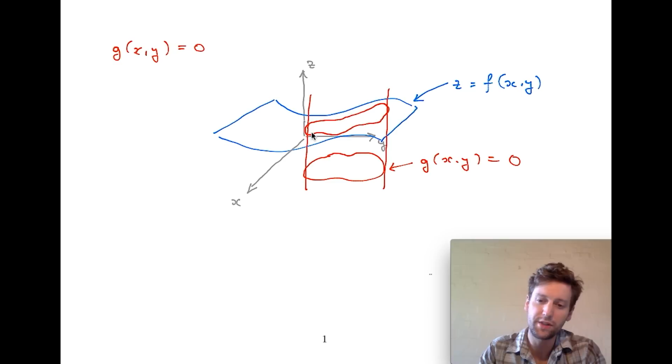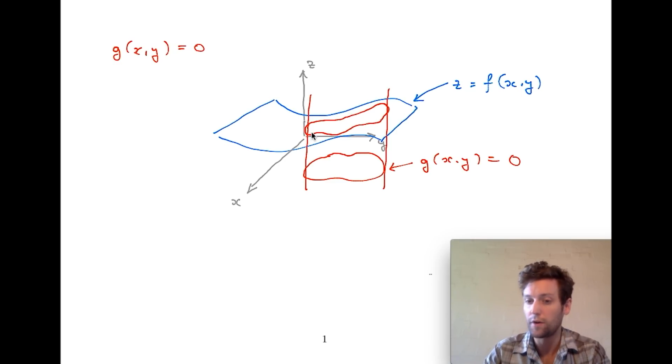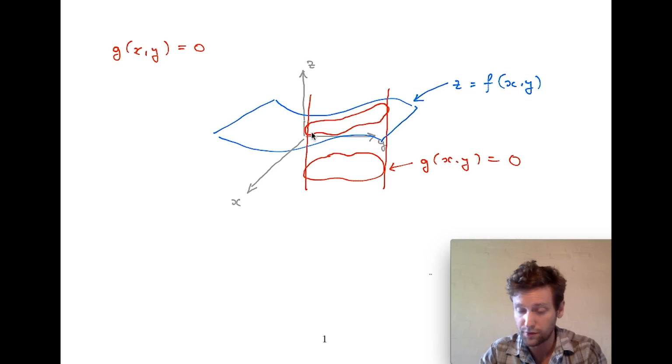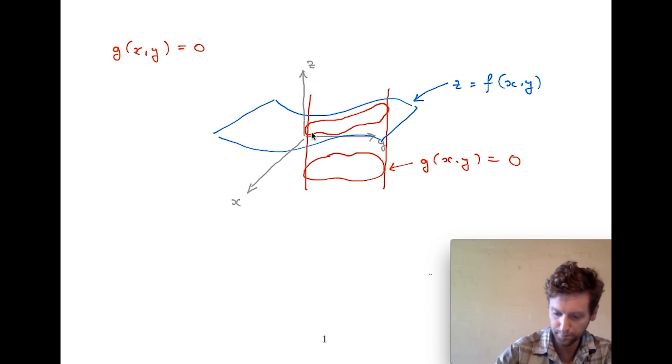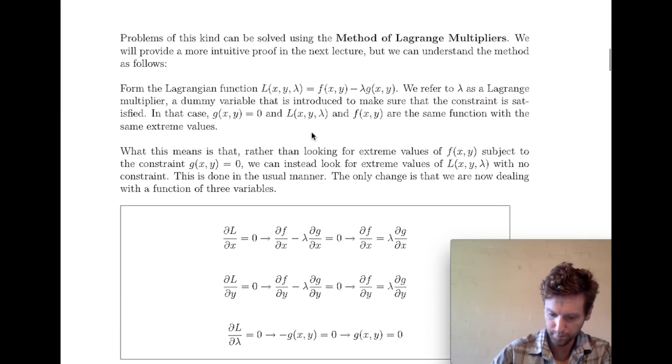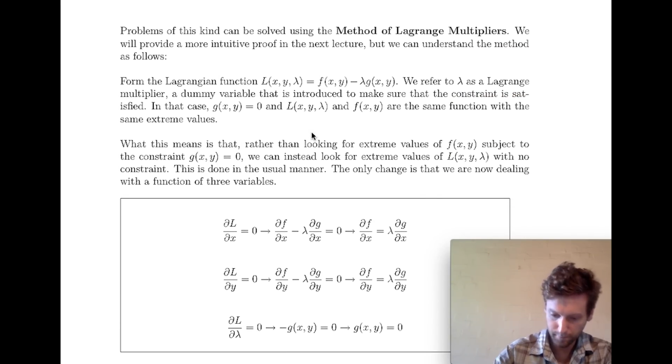So the way that we're going to address this problem mathematically is by introducing a new function that we're going to find extreme values for. This function is known as the Lagrangian, and it's going to combine our original function, f of x and y, and our constraint, g of x and y. So here's what we're going to do.